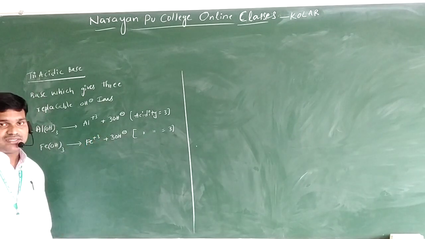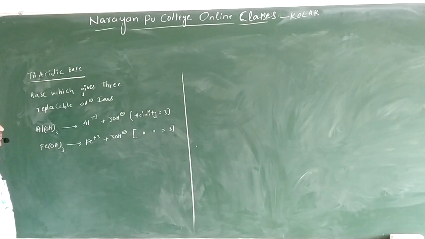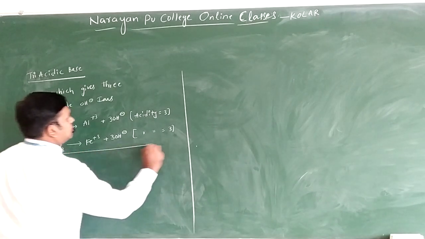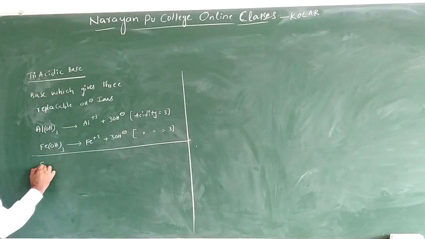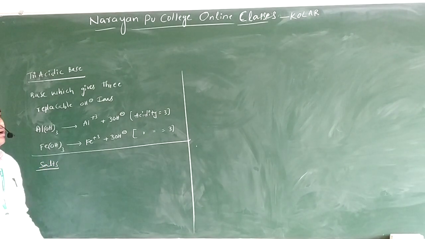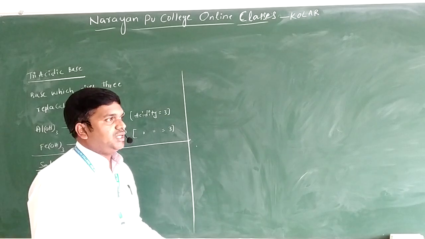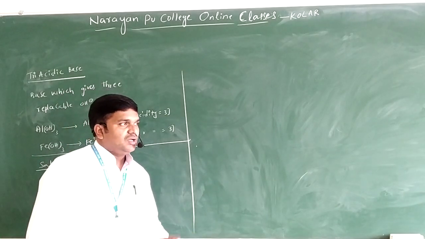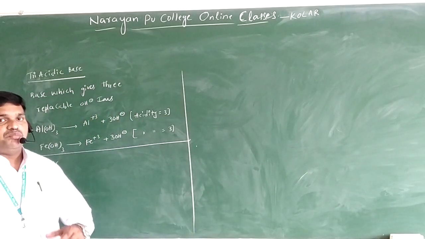We already discussed that. The next concept we have is salts. I already told you salts are formed by the chemical reaction between acids and bases. When acid and base combine, they form salt and water. That reaction we call a neutralization reaction. How are salts formed?